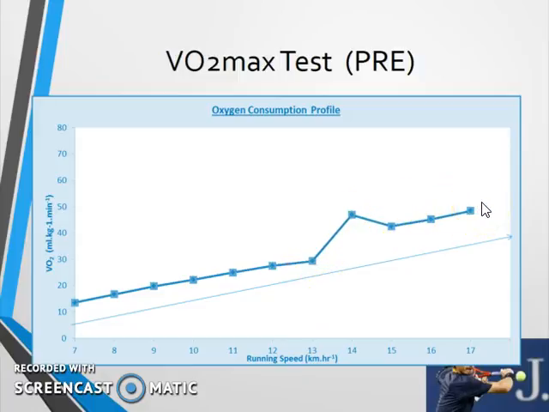But with training over a long period of time, the line would drop and become a lot more flattened. It would still increase because he needs more oxygen going in, but it would be a lower amount of oxygen. So he's increasing the efficiency of how he uses oxygen, and also the speed he was running at will go past 17 and keep on increasing until he physically cannot go any longer.